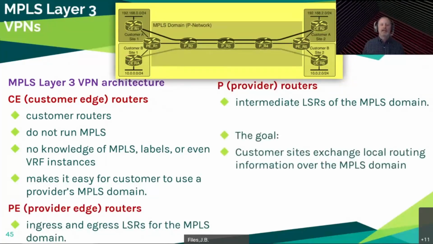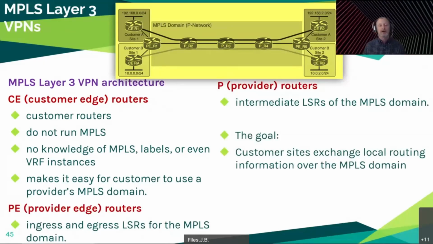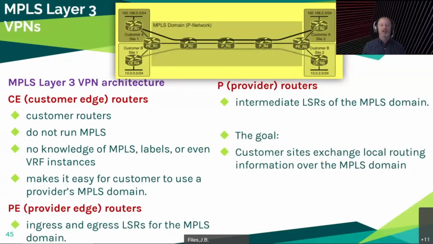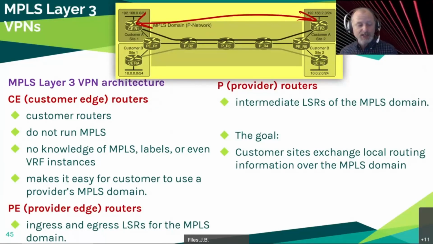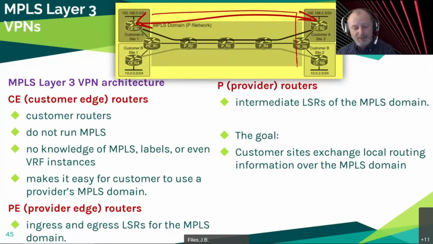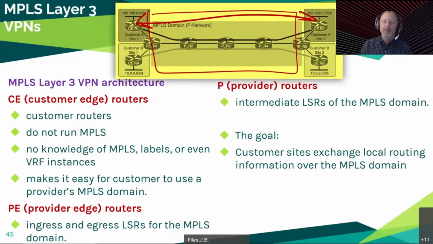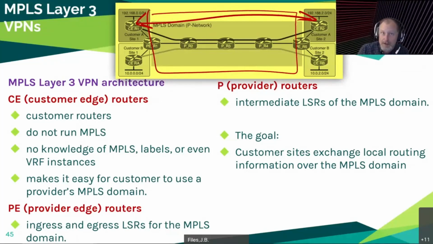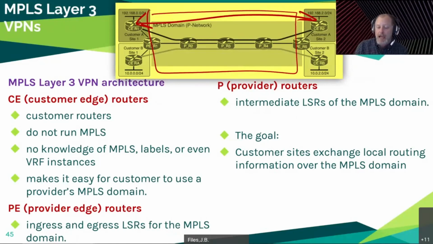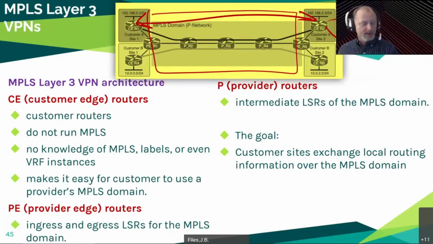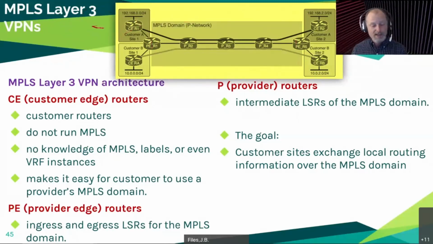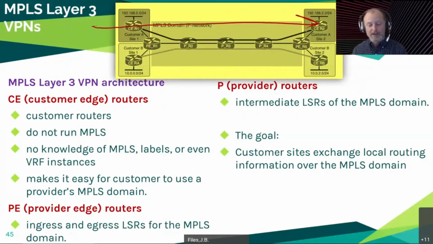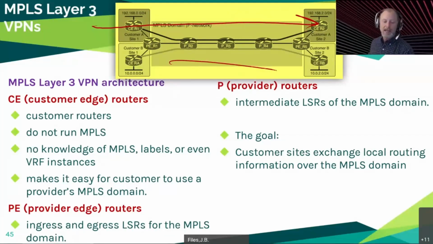Basically what we're trying to do is have the customer sites exchanging routing information over the MPLS domain. Right, so these two routers are exchanging routing information across the MPLS domain while at the same time being separate from other customer routes. Because of the routing protocol that is exchanging routes, we can send traffic to the other side, and everything in the MPLS domain is hidden.